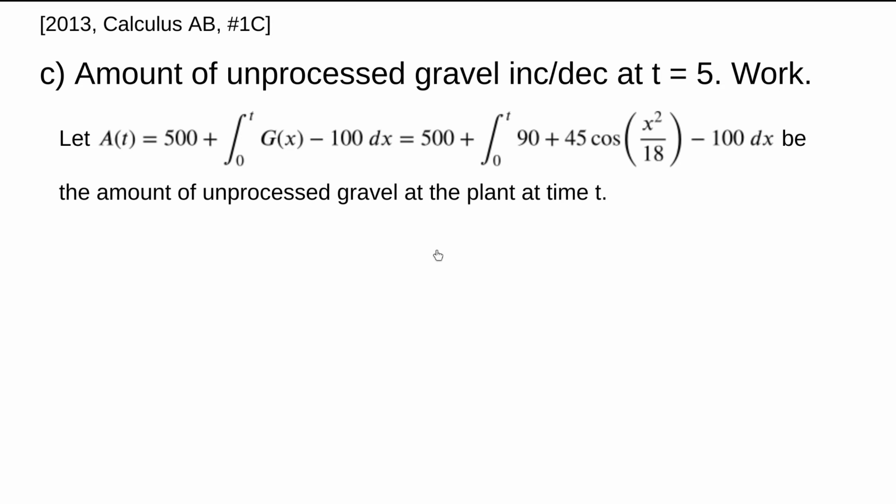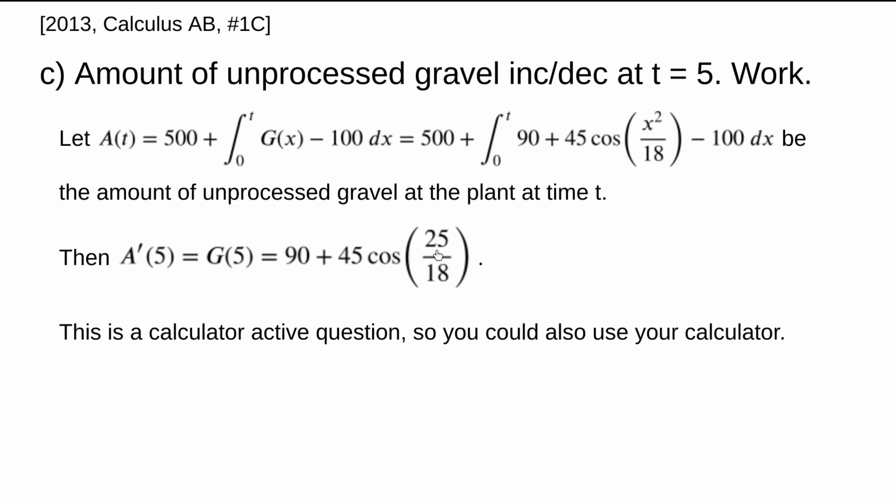To determine if this is increasing or decreasing, we need a derivative for this function at t equals 5, which conveniently the 500 has a derivative of 0 if you know your fundamental theorem of calculus. A prime of 5 is just g of 5, which is going to be whatever the value of 90 plus 45 cosine 25 over 18 is. Again, calculator active question, so use your calculator. It turns out that a prime of 5 is positive 98.141.